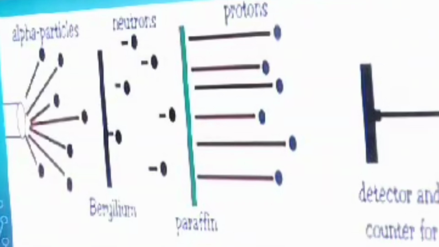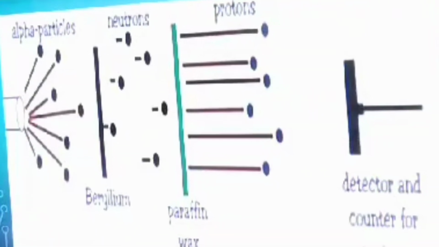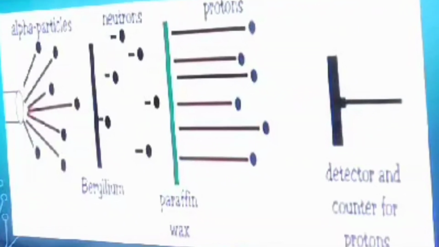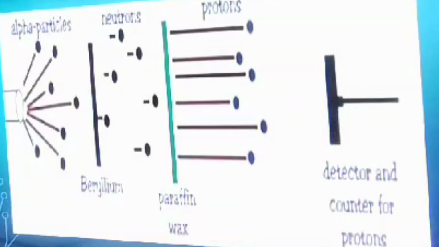and he observed that some neutral particles were coming out from the beryllium plate. When these neutrons were passed through paraffin wax, it was observed that some protons came out. This showed that these neutron particles are not lightweight particles. They have some mass, and therefore when they hit the atoms, protons are removed from the atoms.